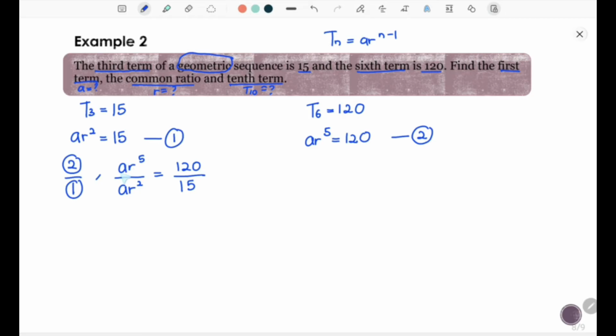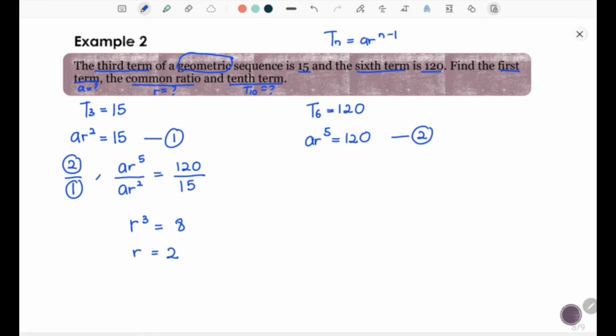So we can cancel a with a and we have r to the power of 5 minus 2. So we have r cubed equals 120 divided by 15, which is 8. Then we have r equals 2.